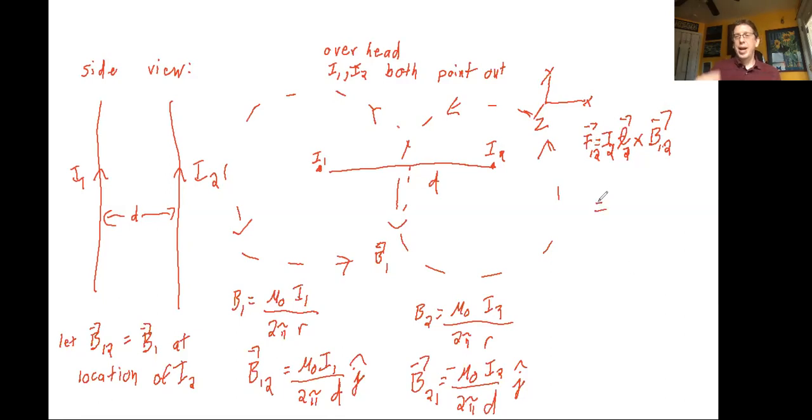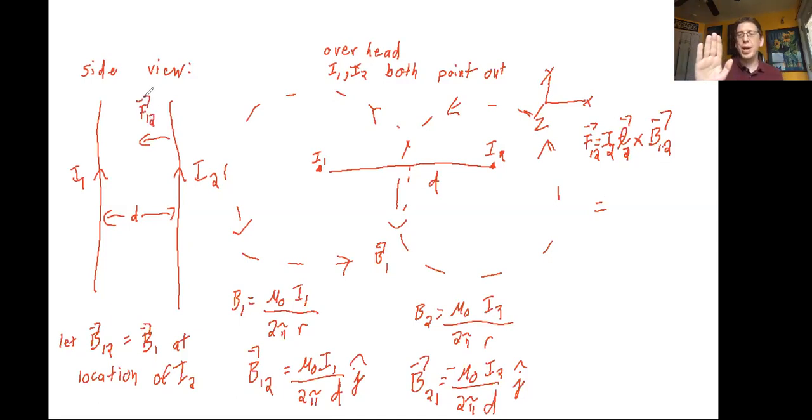L points out of the board, and B, in the first case, is pointing up. So the force acting on current 2 is to the left. F12 is to the left.